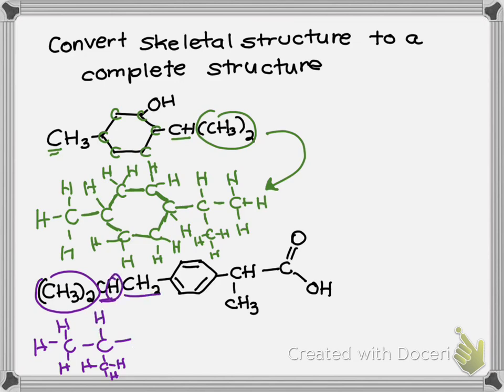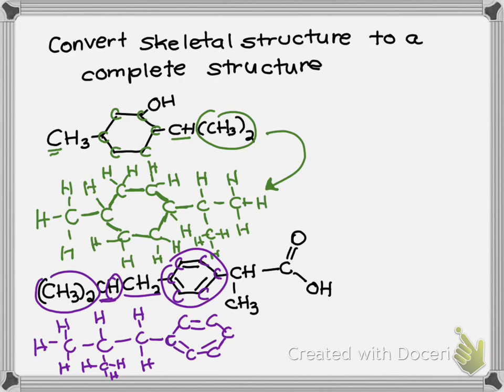Now I'm going to do a CH2. Now I'm going to do this ring, and so I remember that there's a carbon at each juncture. So 1, 2, 3, 4, 5, 6, and then I'd put the double bonds in. That helps me with carbons.